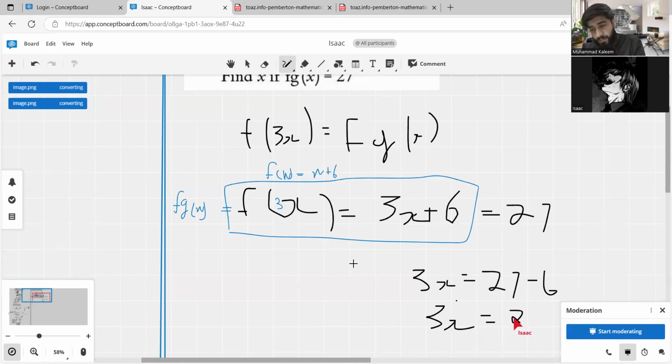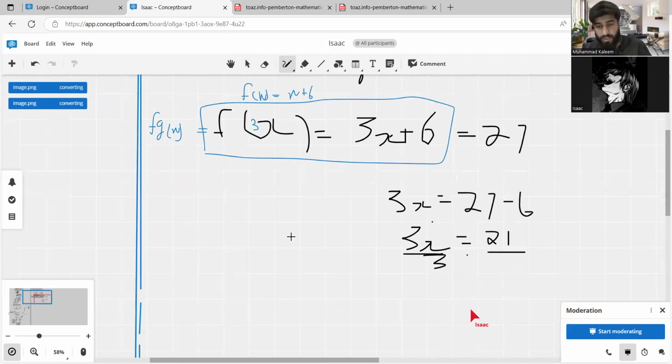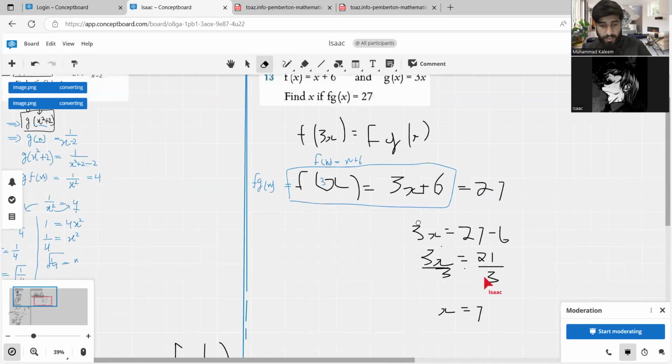Yeah, that's true. And then x is equal to, we have to divide both sides by 3 to make x separate. So x will be equal to 11. Sorry, 7. Yeah, that's the right answer.